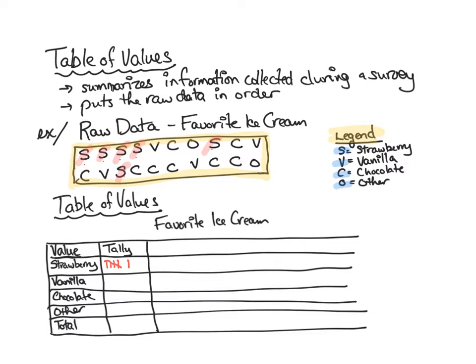So if I was going to do vanilla now, you can count up and down, or you can go across as long as you stay consistent in whatever way you're counting. So vanilla, 1, 2, 3, 4.